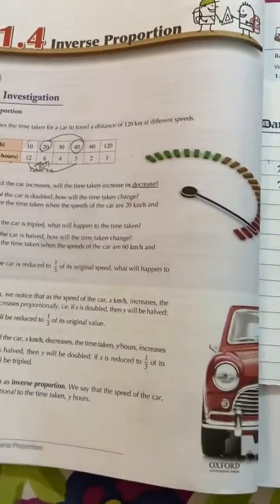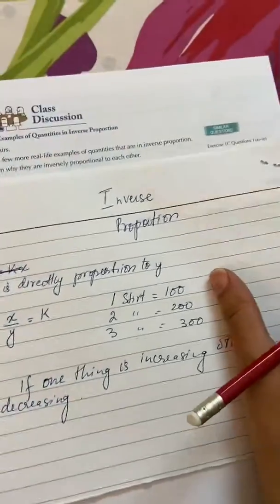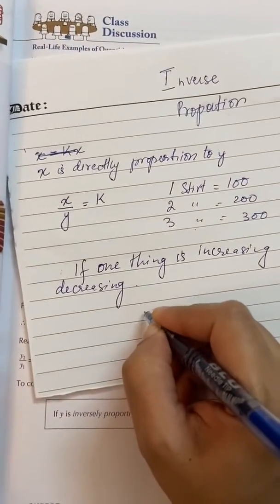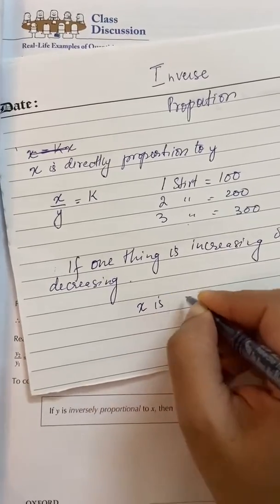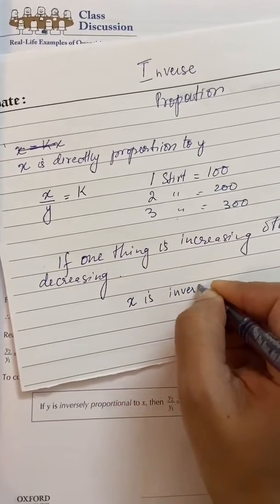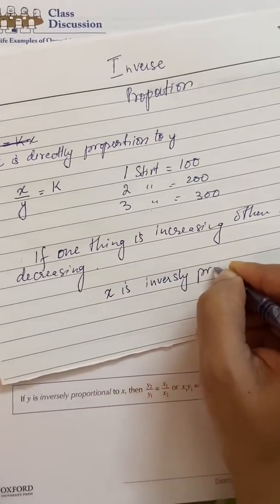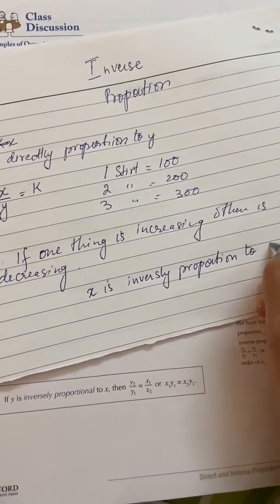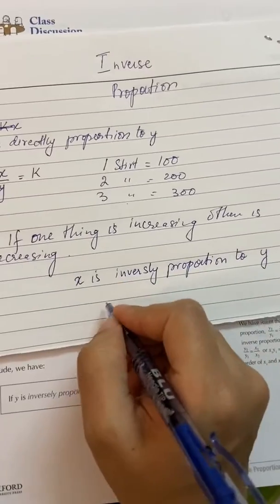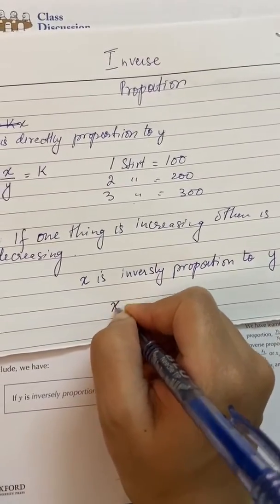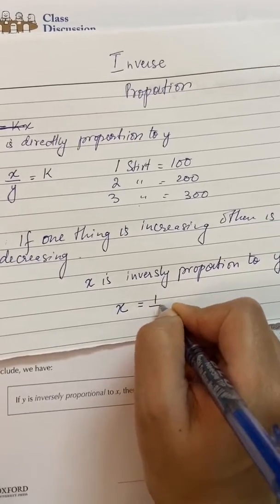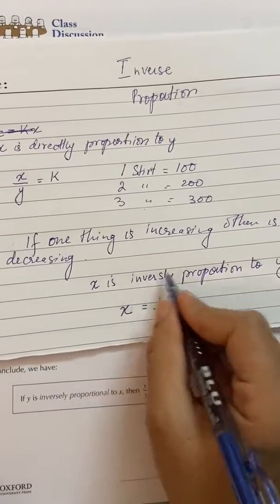So I hope this is clear. And then we use a formula to find inverse proportion. If we say x is inversely proportional to y, it means the opposite.